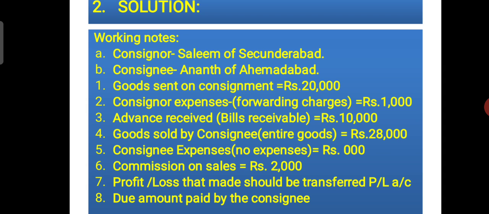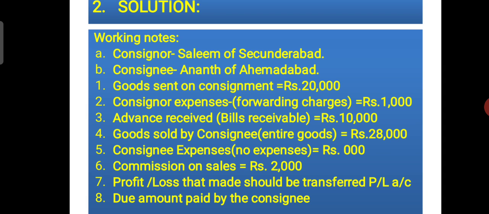And come to the next one, commission on sales. In the problem it is clearly given that the commission on sales is rupees 2,000. And the profit or loss that is made should be transferred to profit and loss account. So in the next slide I will show you how to find the profit.